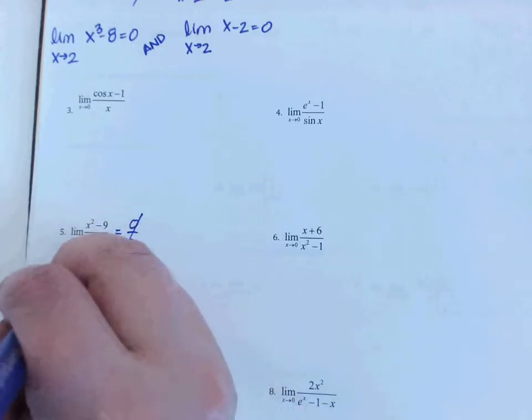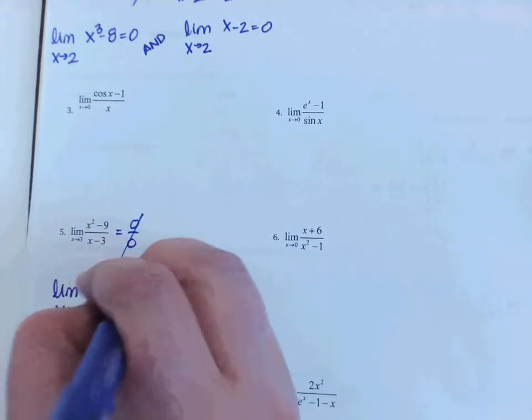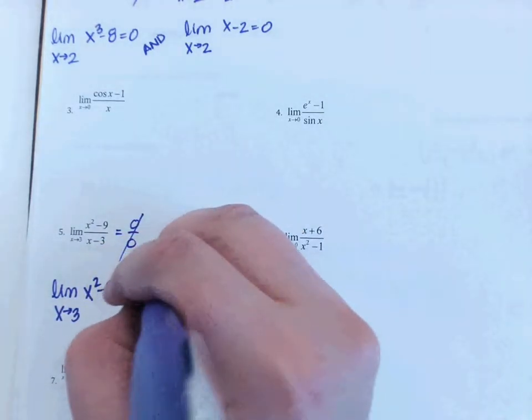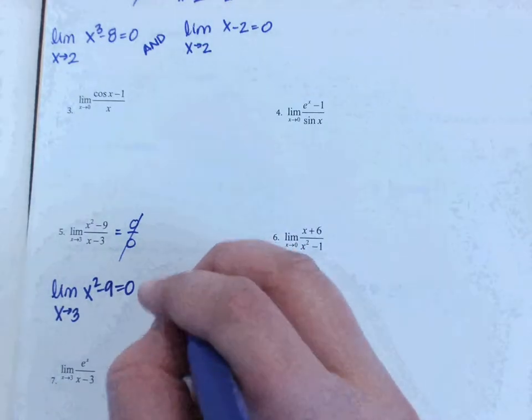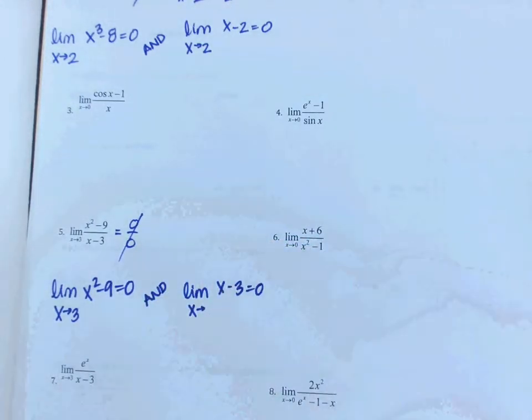So, limit as x approaches 3 of x squared minus 9 is 0, and the limit of x minus 3 is 0. You have to write them separately to use L'Hopital's rule. Now, let me also say, if it was multiple choice, they're not going to look at your test anyway, so it doesn't matter. This is if it's a free response, you'd have to separate them.